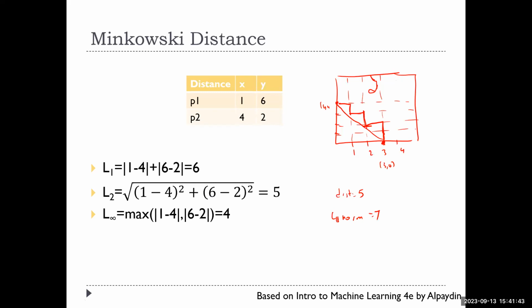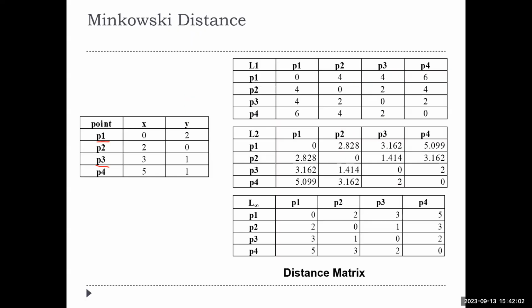What you do in the L1 norm is find the difference for each attribute in absolute value and add them up. What's L2 called? L2 is Euclidean distance. For the L1 norm, for this example, the answer will be 4.